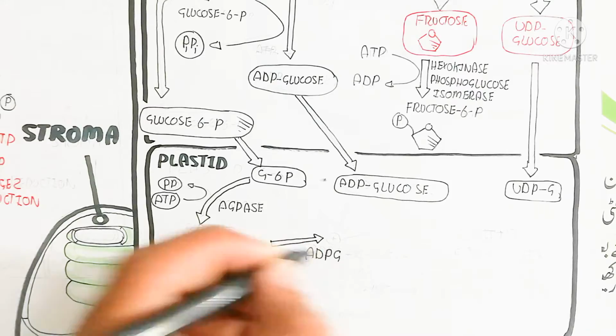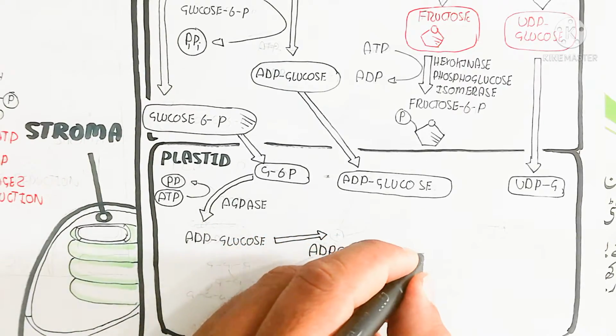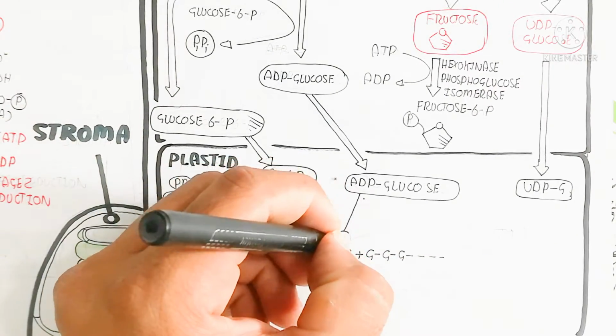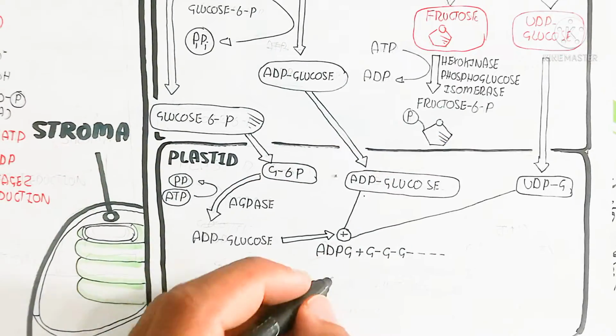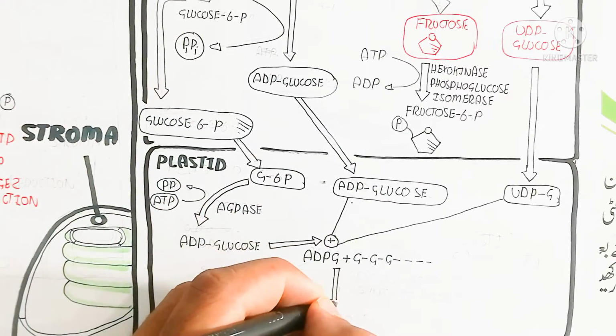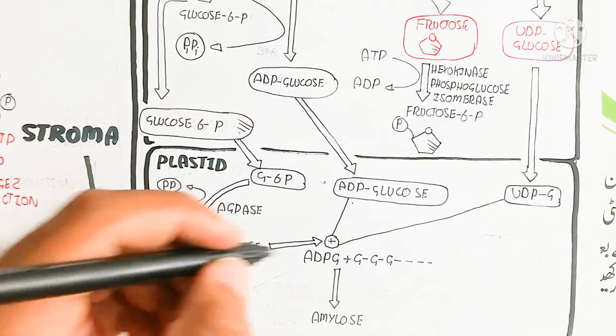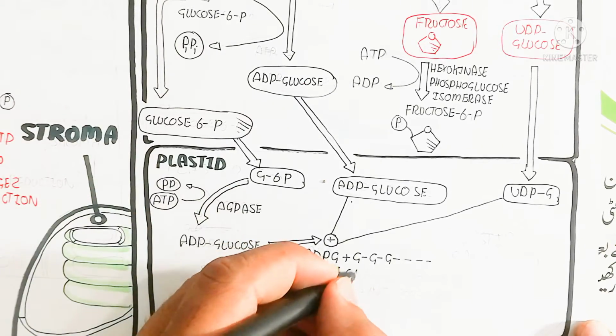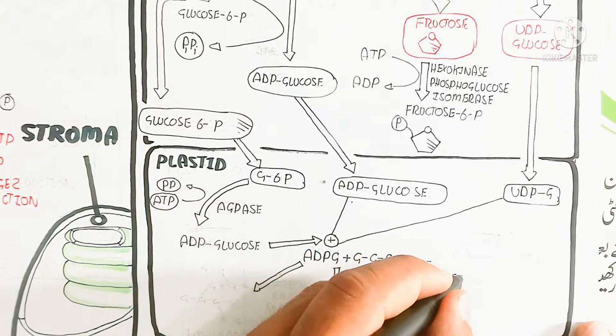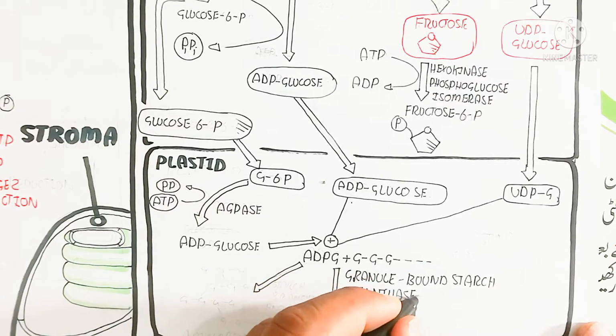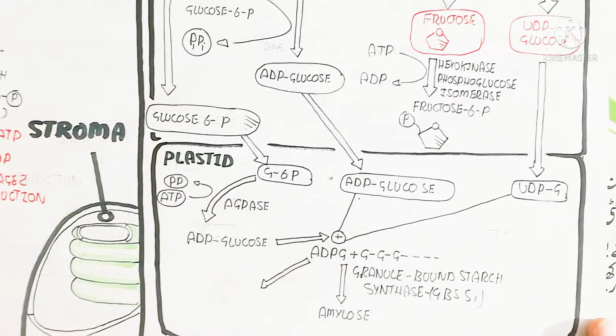So here you can see this is the glucose 6 phosphate with the AGPase enzyme used to produce ATP, removing the pyrophosphate to produce ADP glucose. So the ADP glucose will combine with the chain of glucose via reaction.